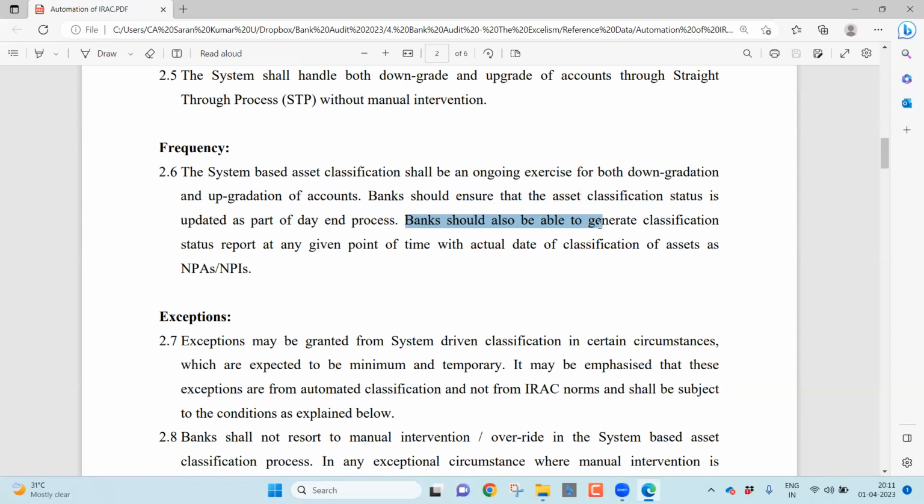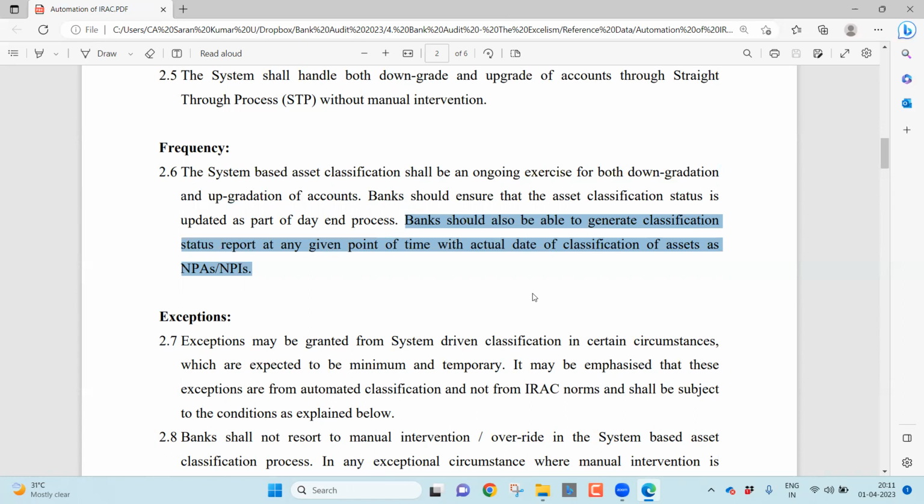Banks should also be able to generate a classification status report at any given point of time with the actual date of classification of assets as non-performing assets or non-performing investments. That means if you ask for a specific date report for the classification of advances, banks must be in a position to give it.